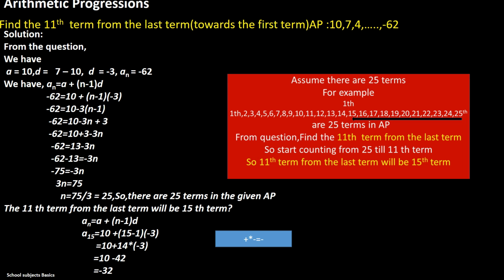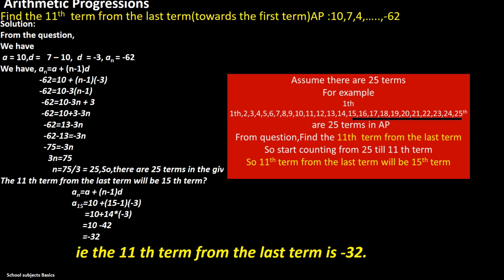So the 11th term from the last term is minus 32. Once again, in this question, first we find the number of terms in the AP, then we find which term is the 11th from the last, and by substituting the values we get the answer. Hope you understood. Thank you.